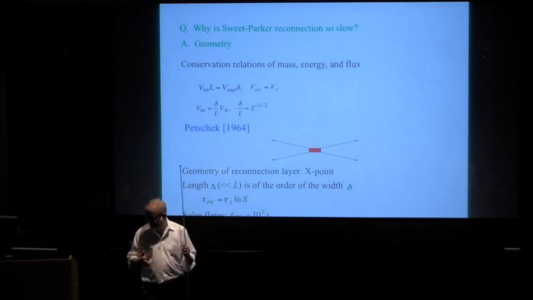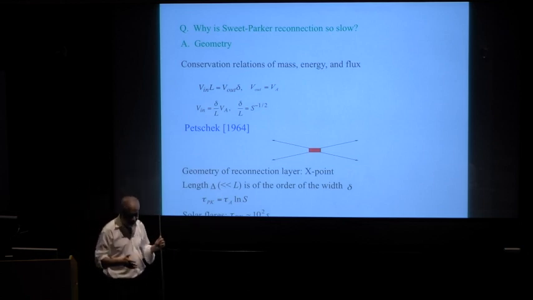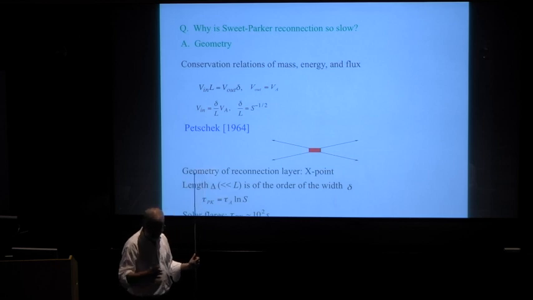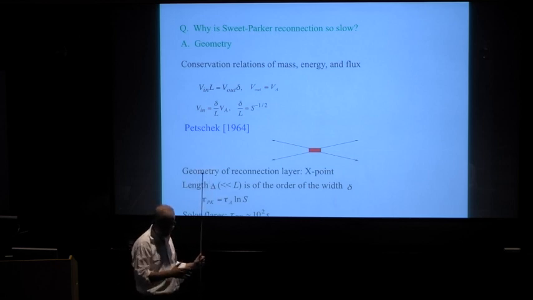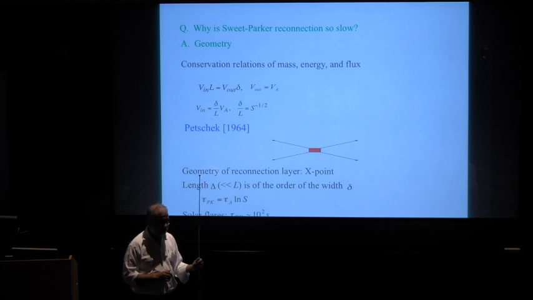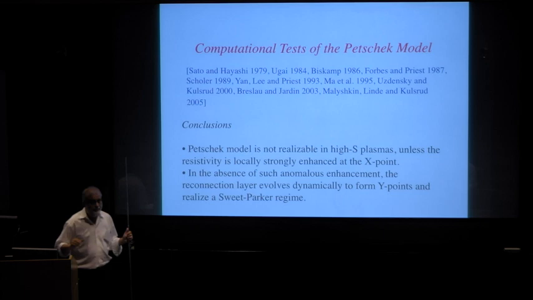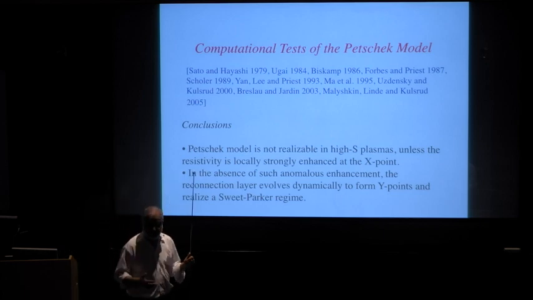So you have to be very careful when you actually claim fast reconnection, because the thing that separates slow reconnection, which is diffusion time scale, from rapid reconnection, which is, say, in the Sweet-Parker case, s to the half, is s itself, and your simulation must be large enough to separate it so that you can see the difference. Well, that's what actually ended up happening. People started running better and better codes.